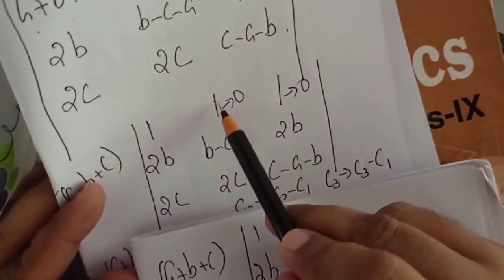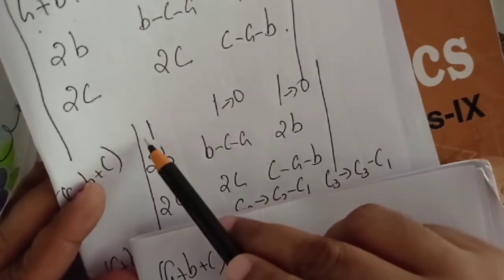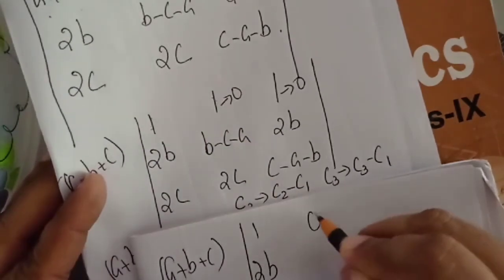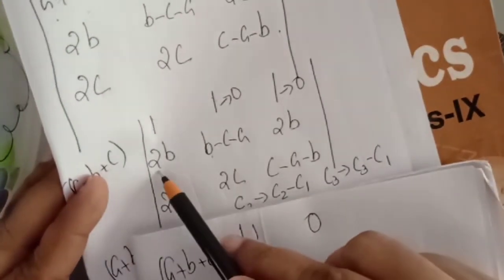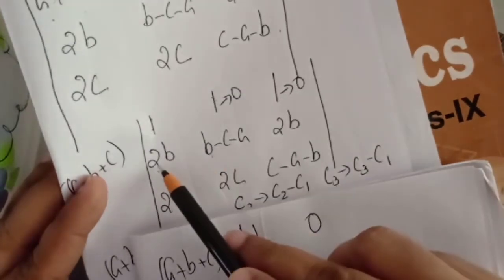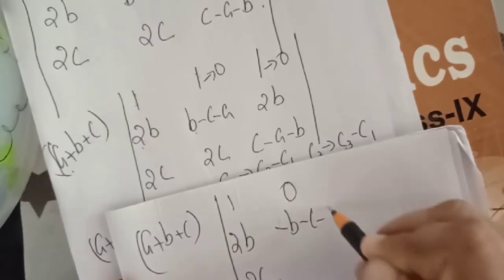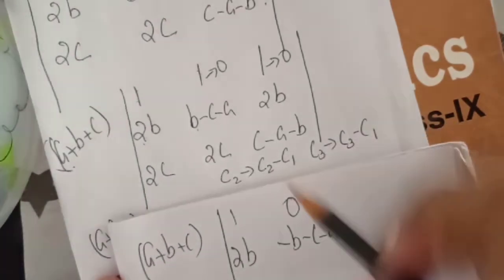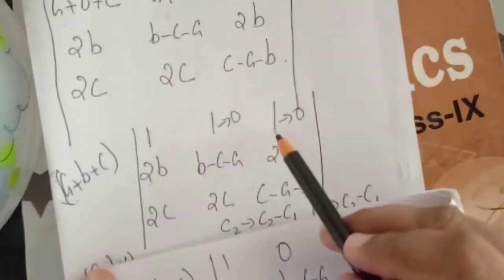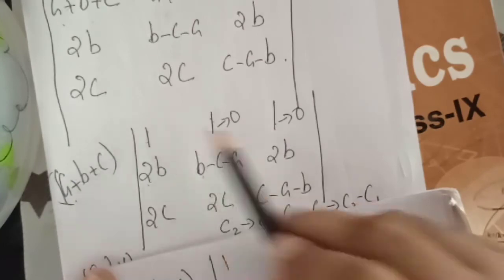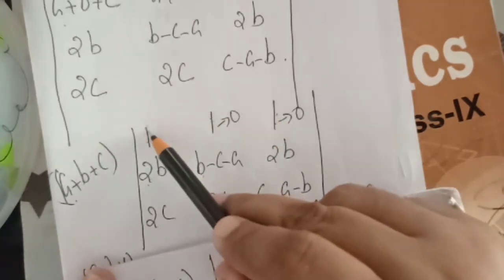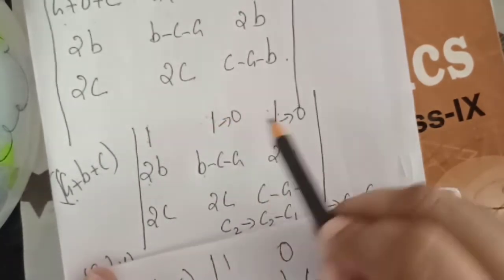Listen carefully, otherwise it is difficult. 1 minus 1, 0. B minus 2B, what is B minus 2B? Minus B, minus C, minus A. Okay. Then 2C minus 2C, that changes to 0. And in the third column, C3 changes to C3 minus C1, not C3 minus C2. C3 minus C1 is the step.